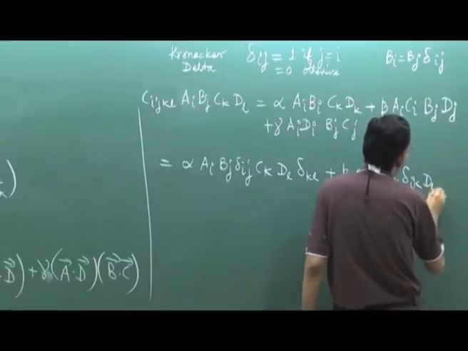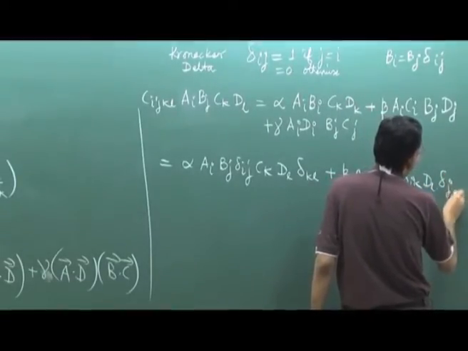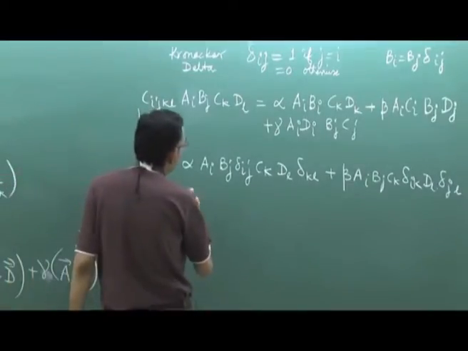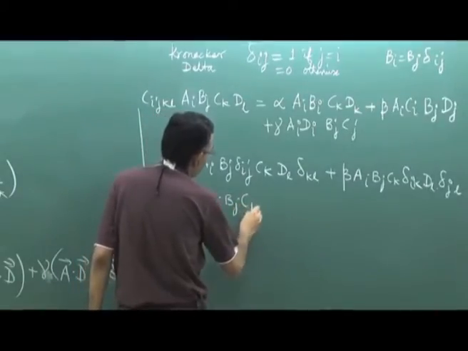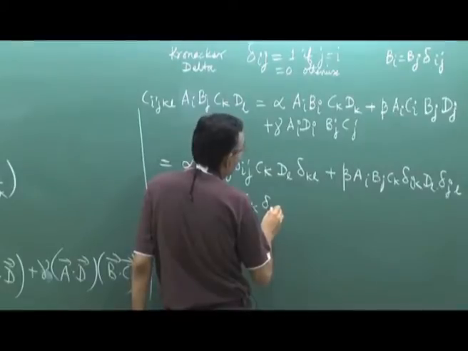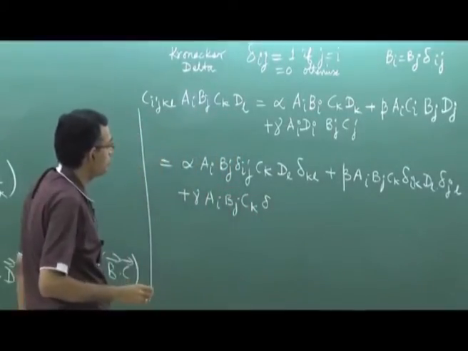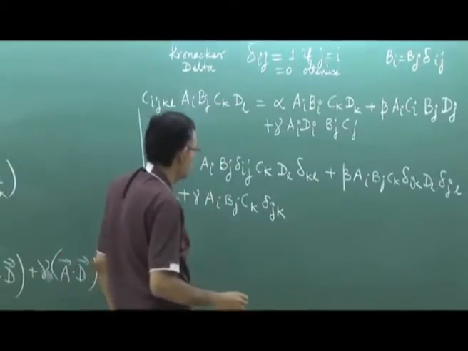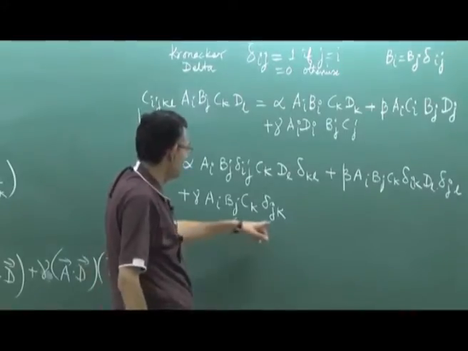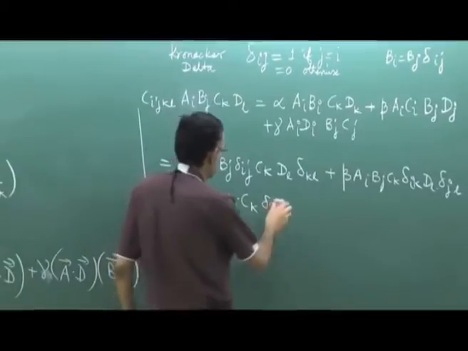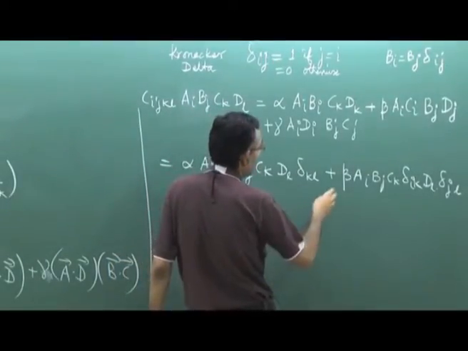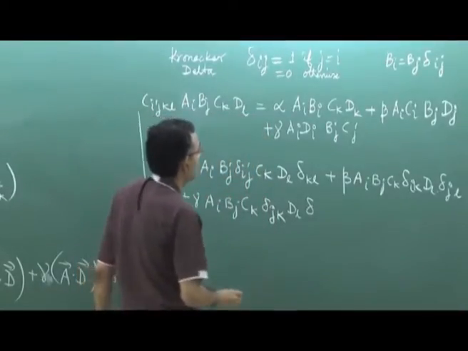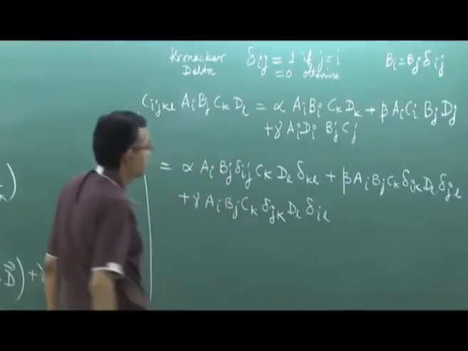Then D_l delta_jl. Plus gamma A_i B_j C_k delta, what will be this? Then D_l delta_il, right?